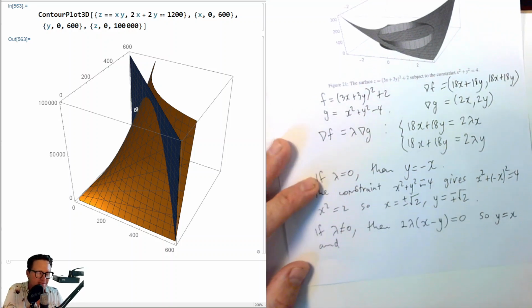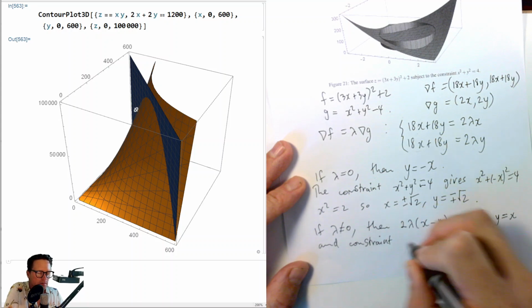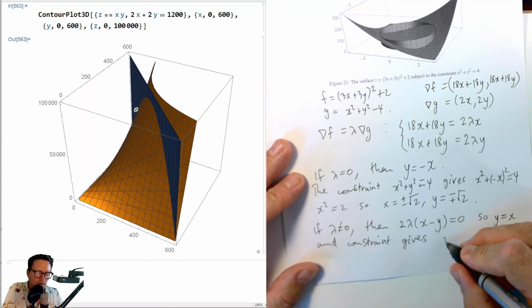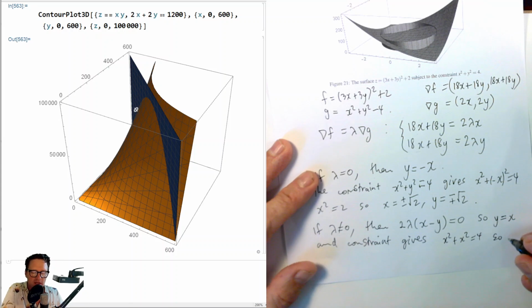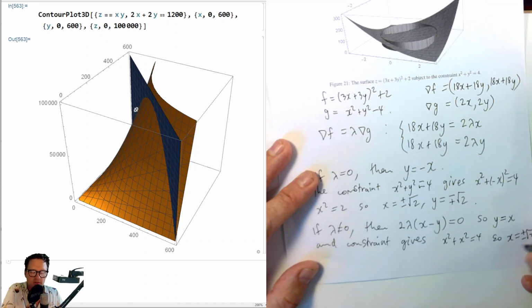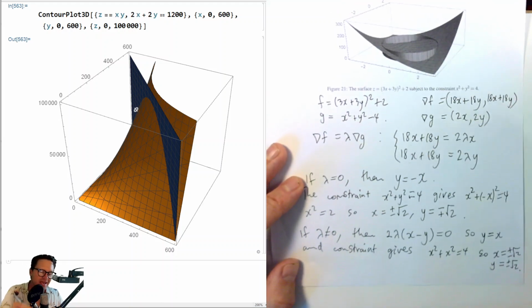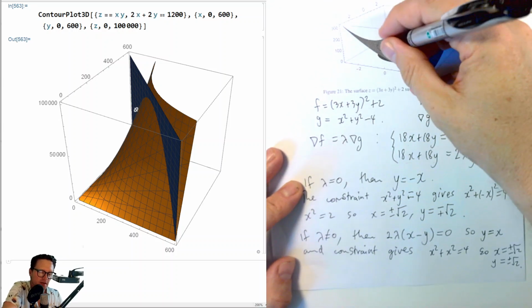And so in this case, the constraint gives us x squared plus x squared is 4. So again, x is plus or minus root 2, and y, being the same, is also plus or minus root 2. Okay, so now that we have 4 candidates, now they're there, there, there, and there.